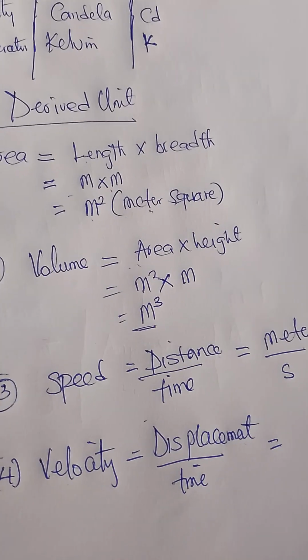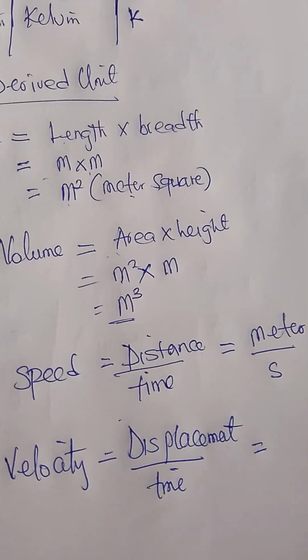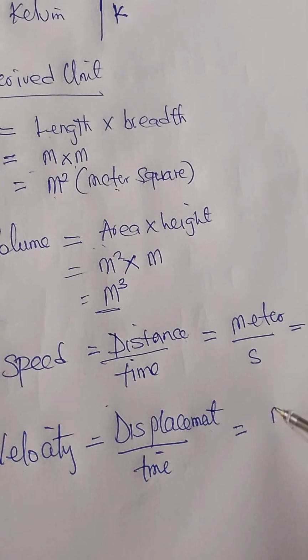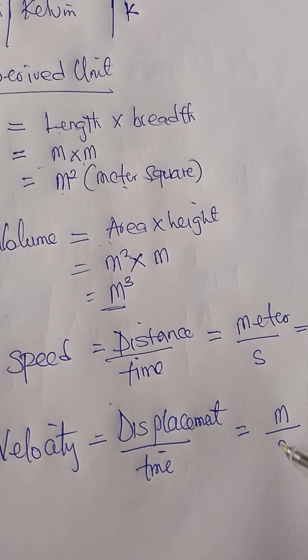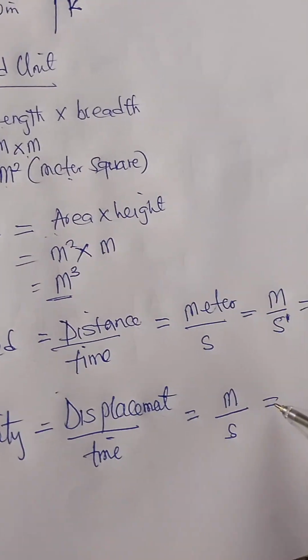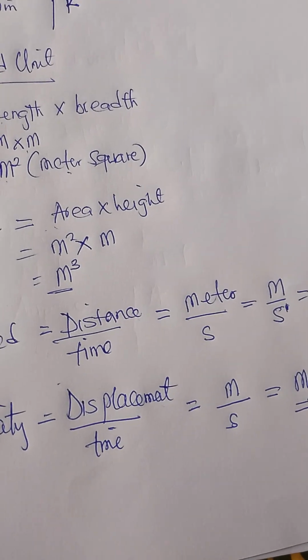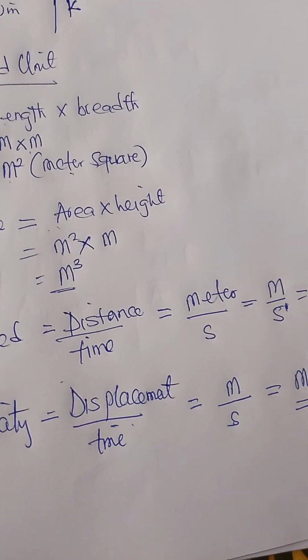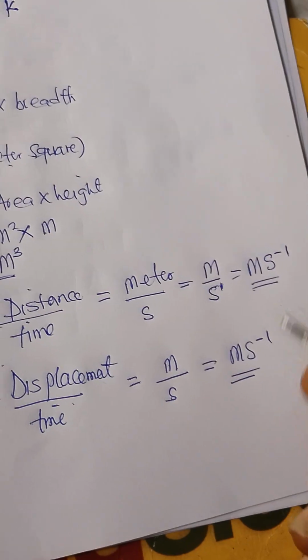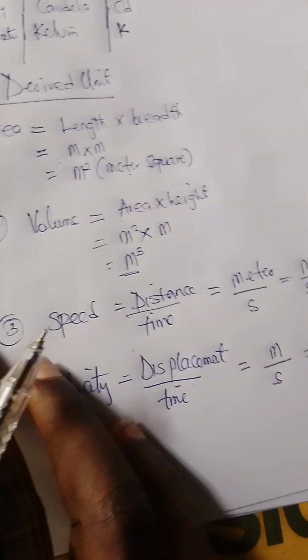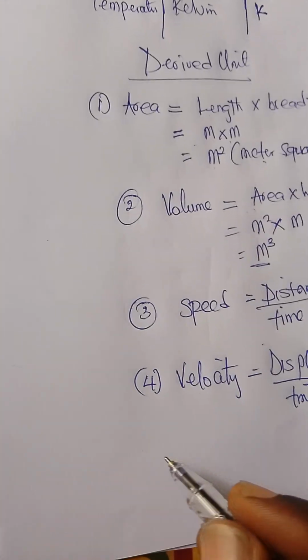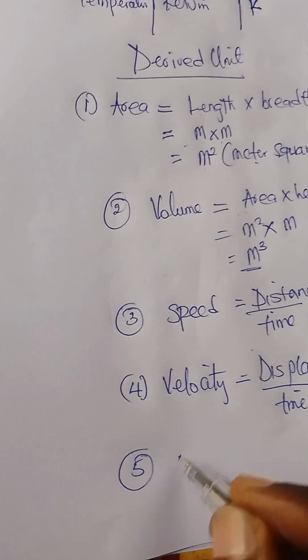We're going to talk about that in our next video. Displacement will be meter divided by time, second. So if I divide this by this, I'm going to have m s raised to power minus 1, pronounced as meter per second. So velocity and speed have the same unit. The next I will take is, let's take acceleration.